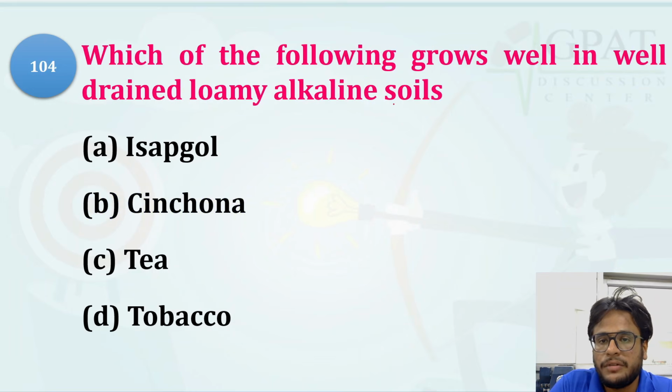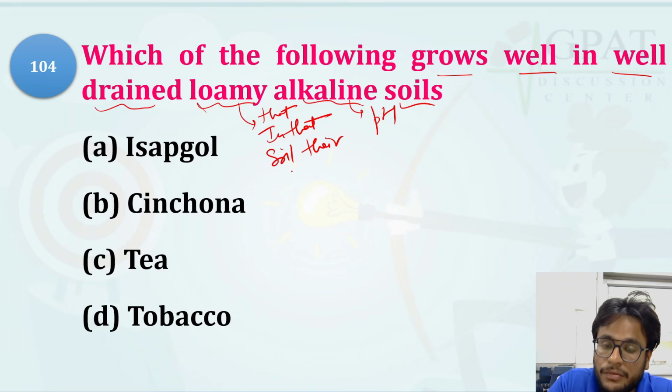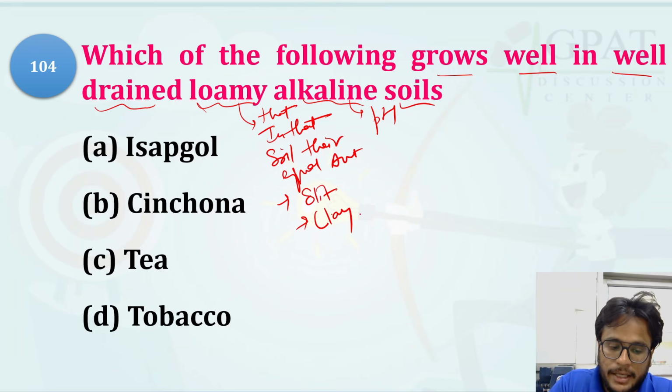Moving towards the next question, they are asking which of the following grows well in drained, loamy, alkaline soil. Alkaline is mainly indicating the pH of the soil. The loamy is mainly indicating that in that soil there is presence of equal amounts of clay, silt, and sand.